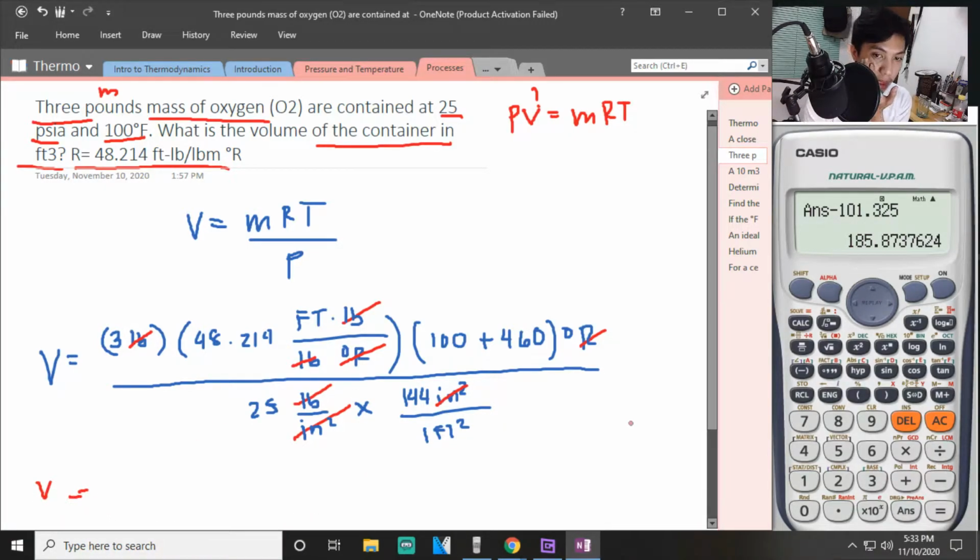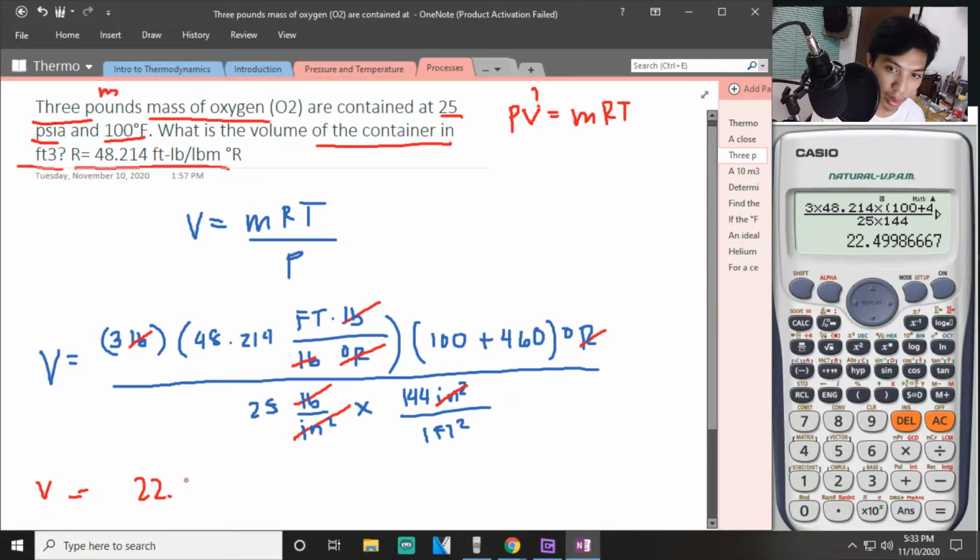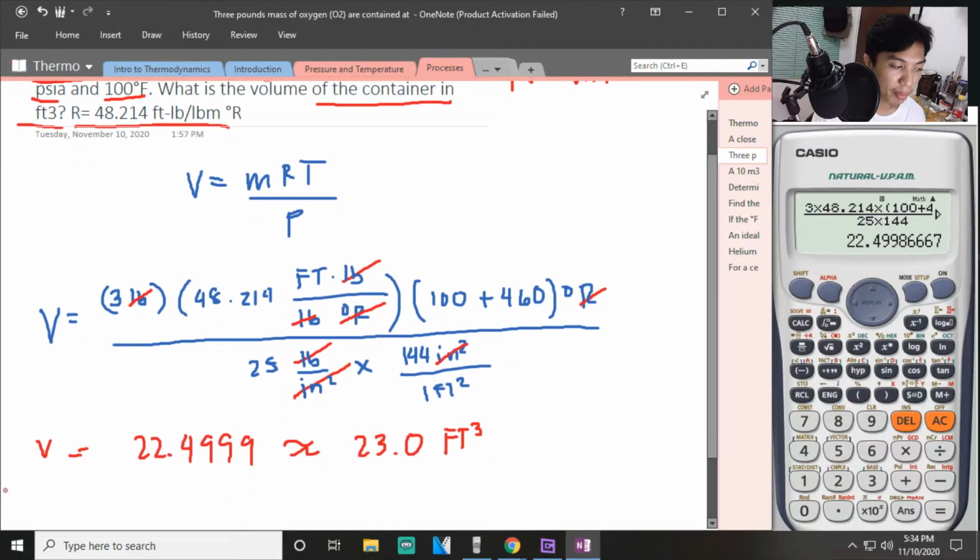So, the volume will be 3 times 48.214 times 100 plus 460, all over 25 times 144. The answer is 22.4999, approximately 23 cubic foot. Okay? That is for problem number 2.